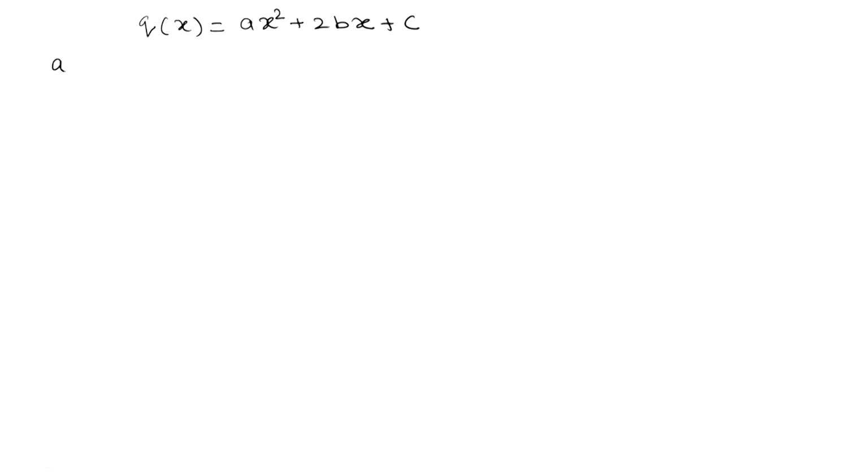Now consider the case when a is greater than 0. When a is greater than 0, it will be a parabola pointing upward, and on minimization it will have a unique global minimum.